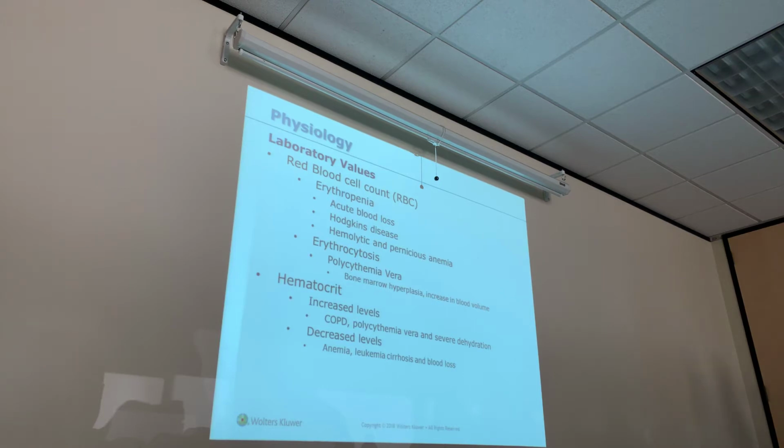And one of the main things is polycythemia vera, which causes bone marrow hyperplasia, which in return causes increase in blood volume. So your red blood cell count is going to be increased. Is that with the erythrocytosis? Yes, erythrocytosis. Increased red blood cell? Yes.